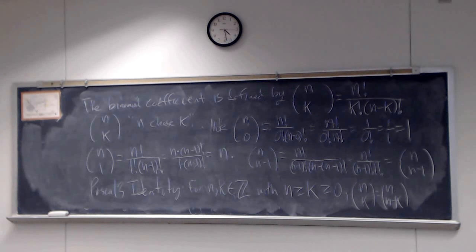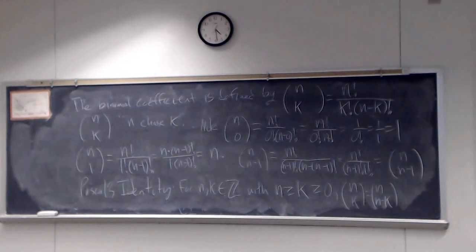And you can see maybe why, if you have an n element set, picking 3 elements is the same as picking n minus 3 elements. Because the number of ways you can pick all but 3 elements is the same exact number as the number of ways you can pick 3 elements.